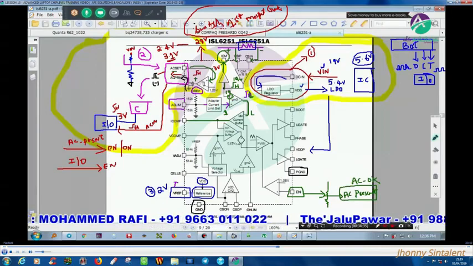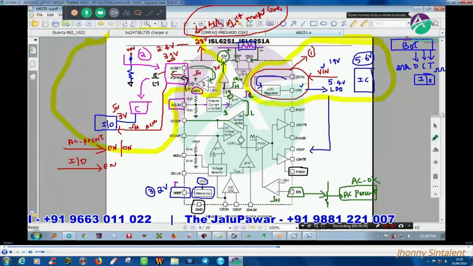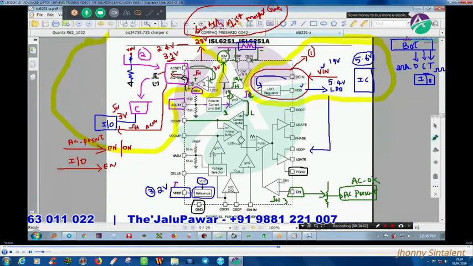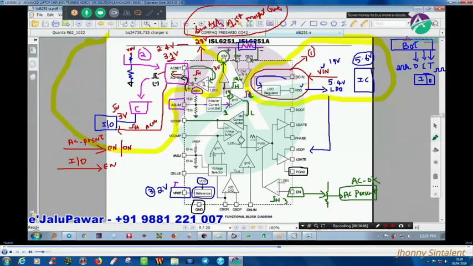Okay, when enable is given, that means I am giving a high logic. So this will be 3 volts. The 3 volts is greater than negative. You can see the 3 volts is greater than negative. Here I have a positive. This is hitting an op-amp. Op-amp amplifier IC.